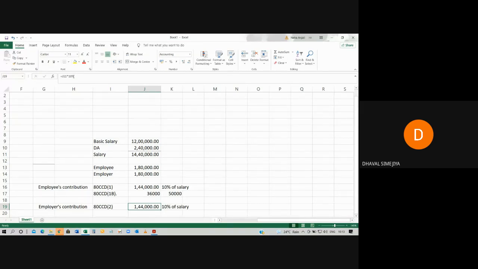Are you getting this? Total investment 3,60,000, but we will get benefit up to 3,24,000 rupees. You can consider 1,50,000 over here, but 10% of salary is 1,44,000 rupees.